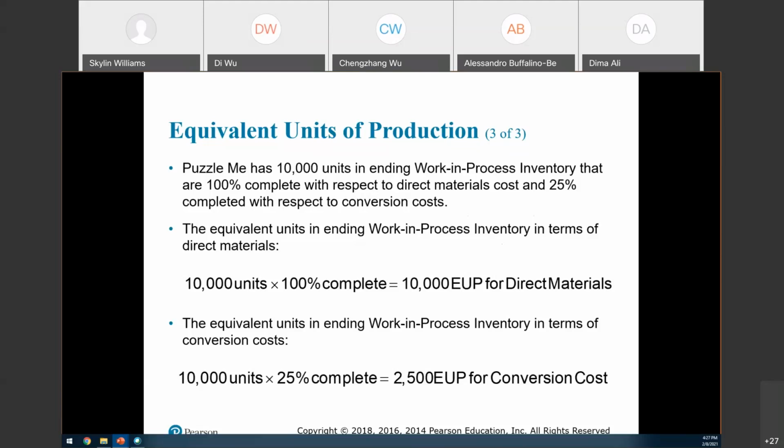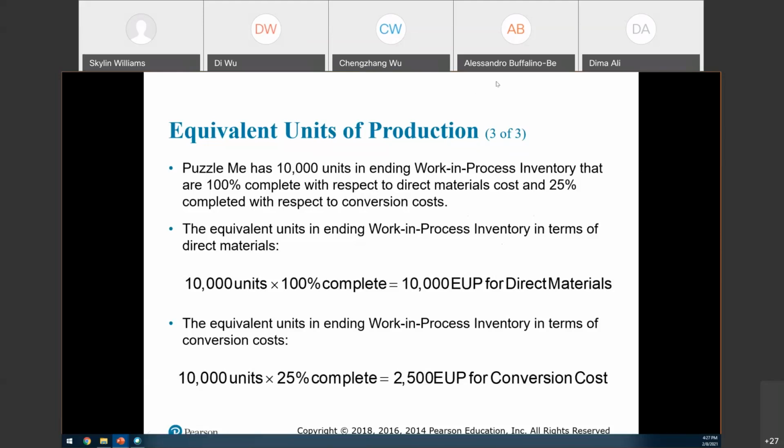So here are the differences. We split these two parts. First one is direct material and second part is conversion cost.